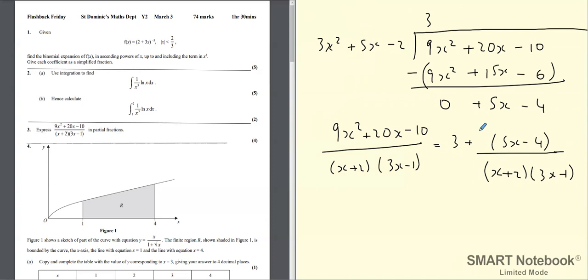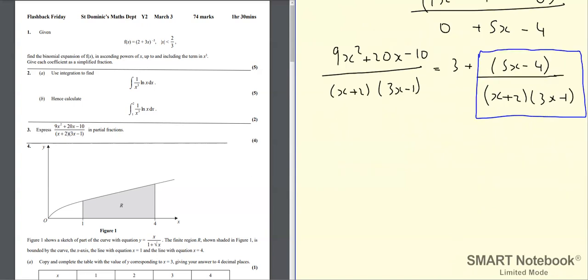And this is the bit that we are going to do partial fractions on, and split that into partial fractions. Okay, so let's have a look.